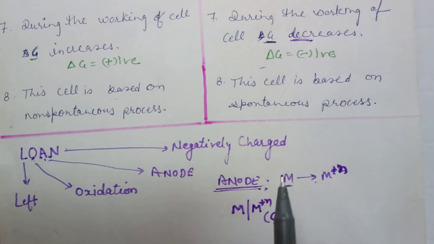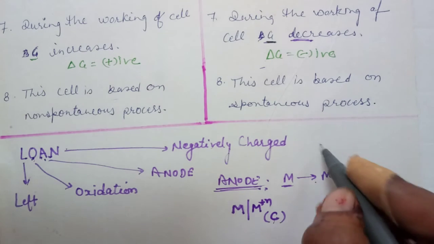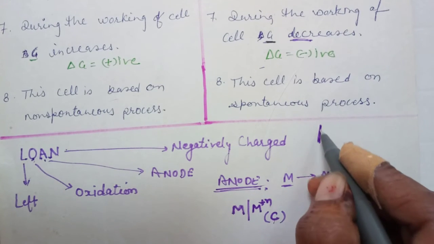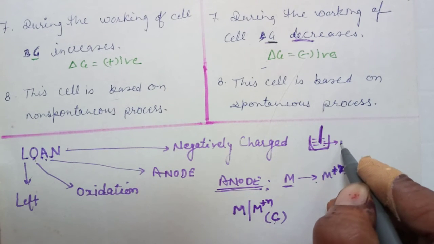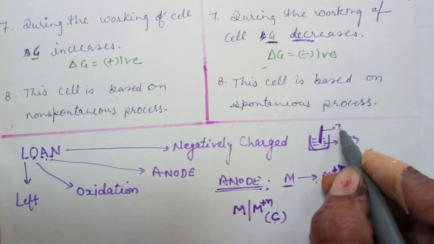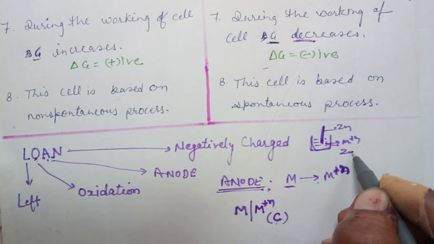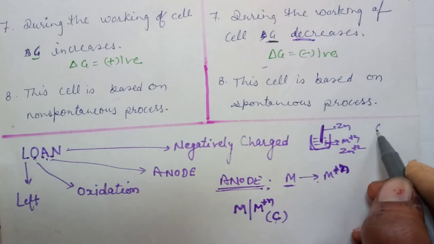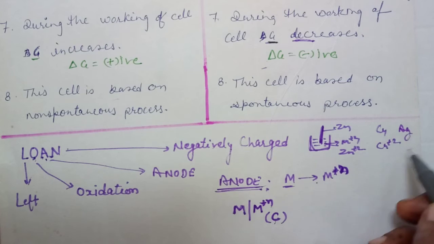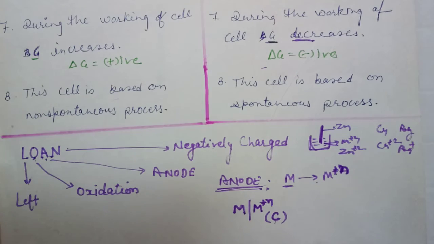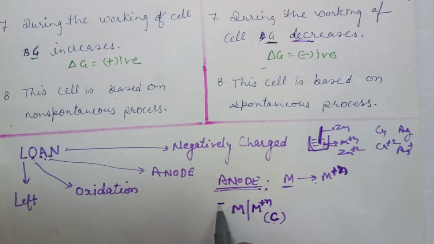In electrochemical cells, the electrode, the metal rod, is dipped in a solution of its own cations. If it is a zinc rod, the solution will be Zn plus 2 ions. If a Cu rod, the solution will be Cu plus 2 ions. If an Ag rod is used, the solution will be Ag plus ions. This is the representation of the anode, and there is always a negative charge.